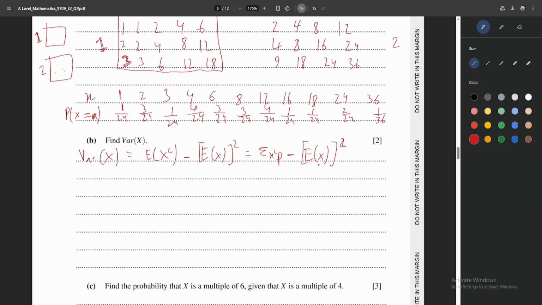So let us find all this individually. First, what we need to find is the x square p. So that's 1 square into 1 by 24. Basically everything will be over 24 when you do the sum, so let's keep everything over 24.